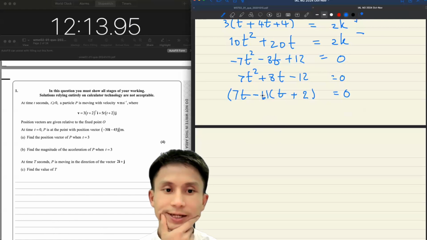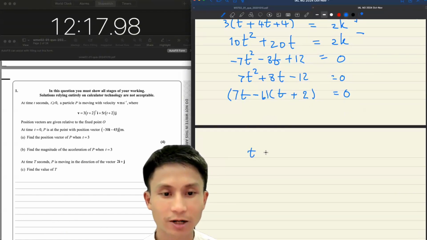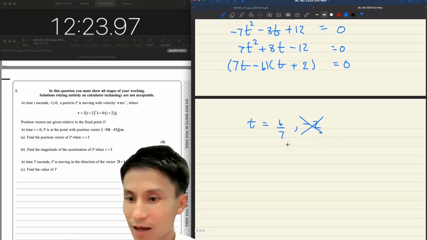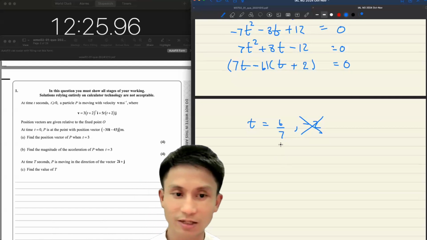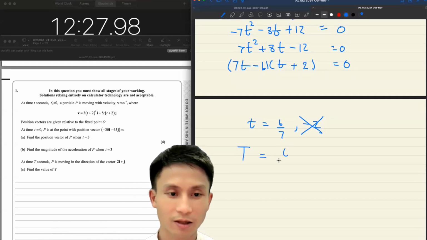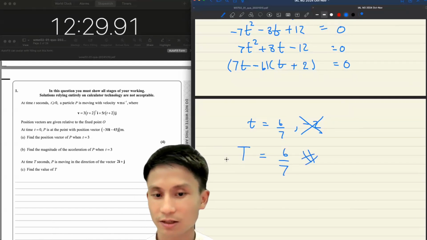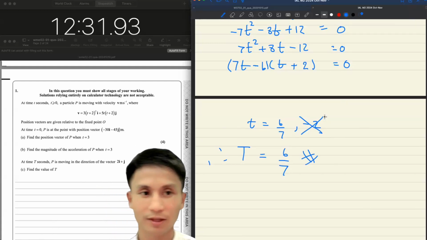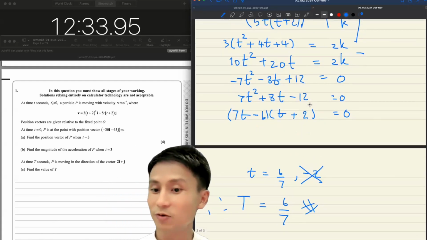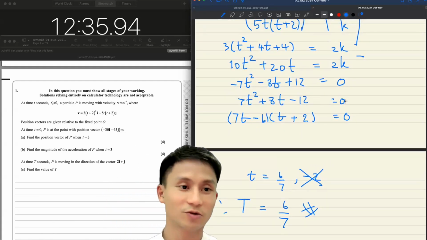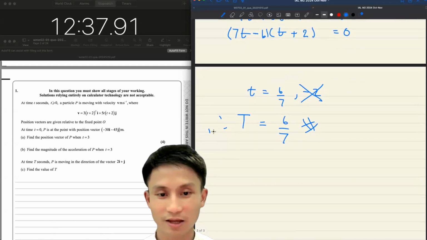So that means, let me check that if I expand. Okay, yeah. So t can only be a positive value, right? So we're not going to take that. That means the value of t here in seconds would be 6/7. Yeah, that's it. Because we want t, we didn't want k, so we don't need to solve for k.